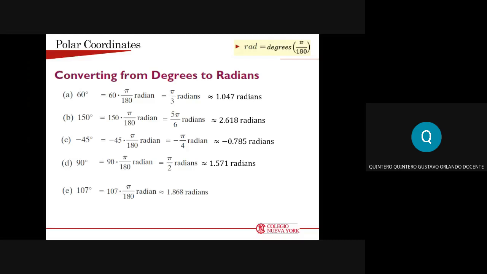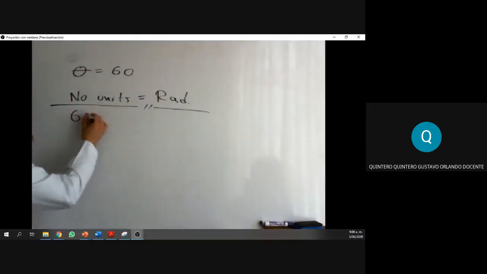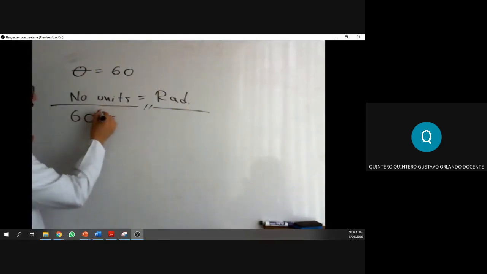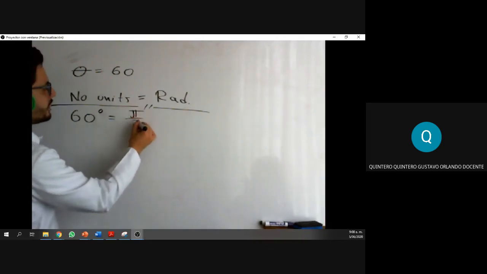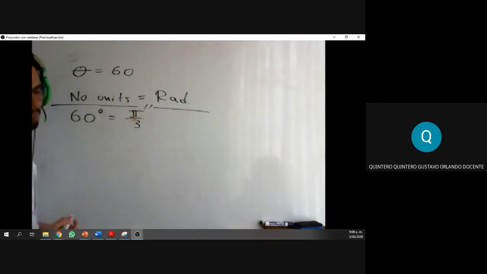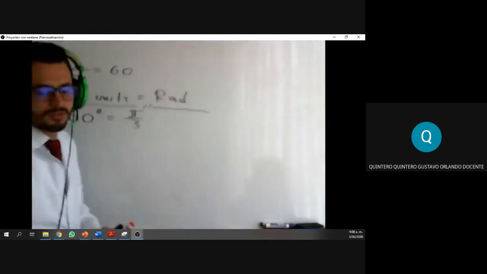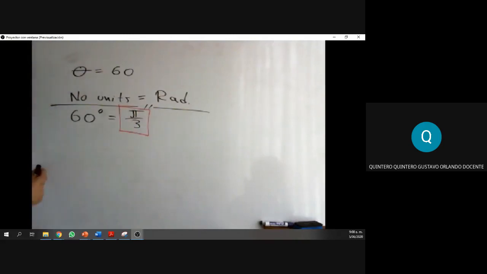If after doing all the exercise and the formula, you happen to have 60 degrees is the same as pi over 3, and the book is asking you to find the exact, the precise answer, then you leave it like this, pi over 3.